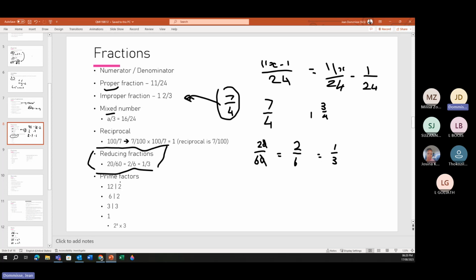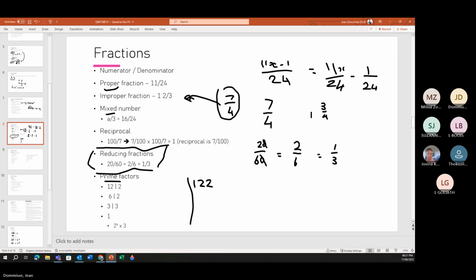Prime factors, if I have asked it in one of your assignments, it's basically what we do with prime factors. Let's use 122, but we need to work out the prime factors of that.